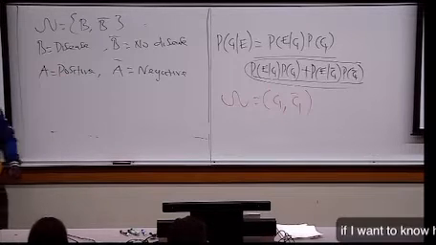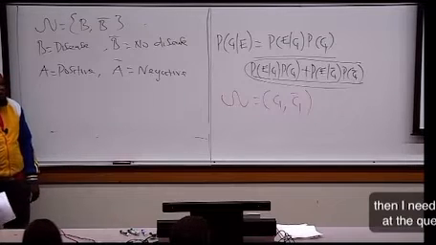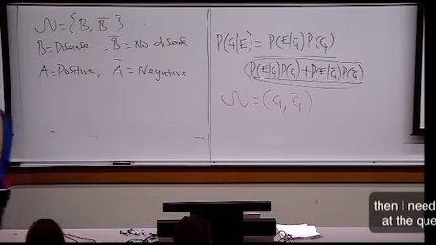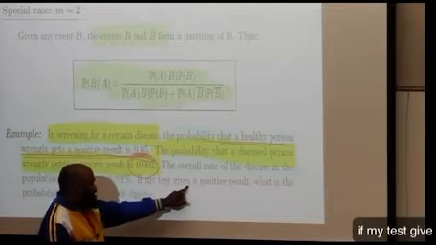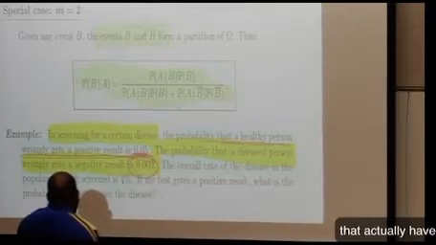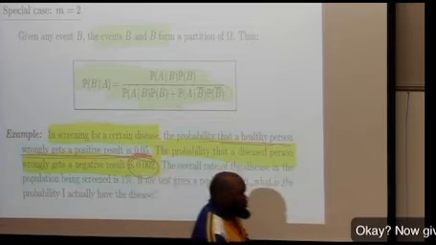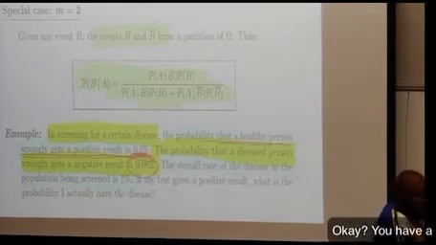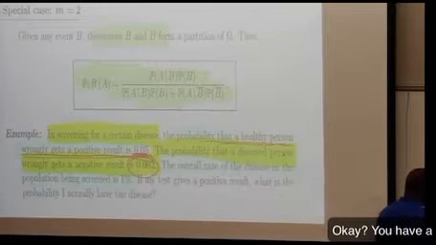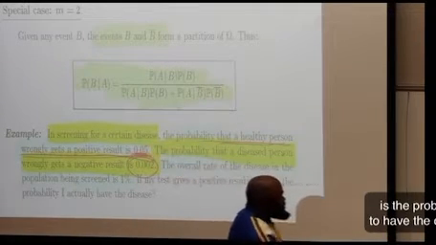Now, if I want to know how I'm going to position my formula, then I need to look at the question. The question said, if my test gives a positive, what is the probability that I actually have the disease? Given a positive, A. You have A here, right? Now you want to figure out the probability that I have the disease.